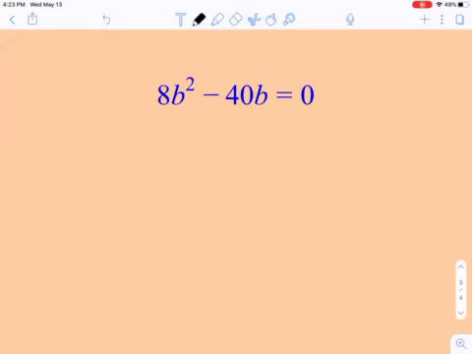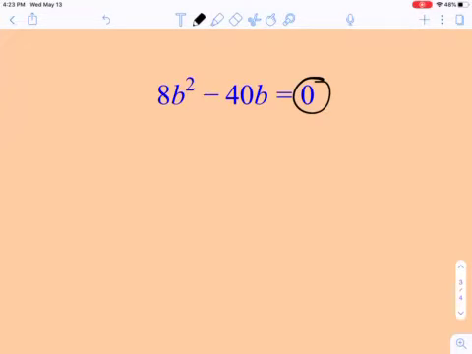All right, now for this one, we've got it equal to 0, which is what we want. So instead of writing this as a difference of two monomials, we want to factor this so that we get a product, because then we can use that zero multiplication rule. All right, so 8b squared minus 40b.